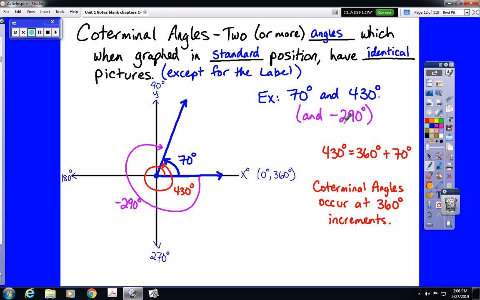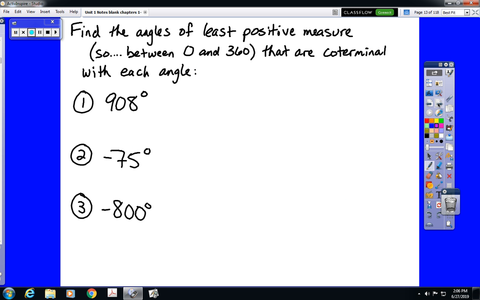Okay, so what do we have to do with that information? Well, you're going to see problems that say, find the angles of least positive measure, which would be in the first rotation, between 0 degrees and 360 degrees, that are coterminal with each angle. So 908 degrees. We have to ask ourselves, is that between 0 and 360?